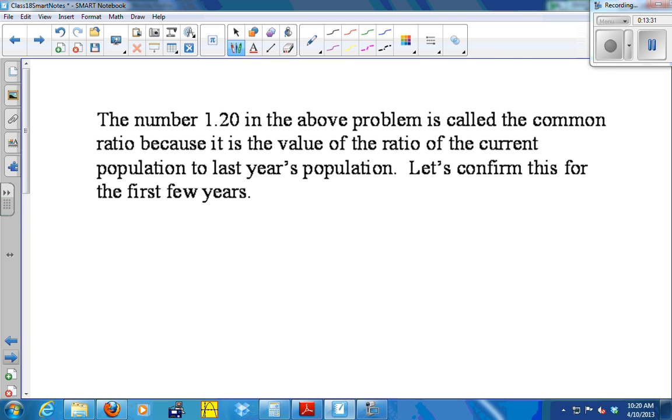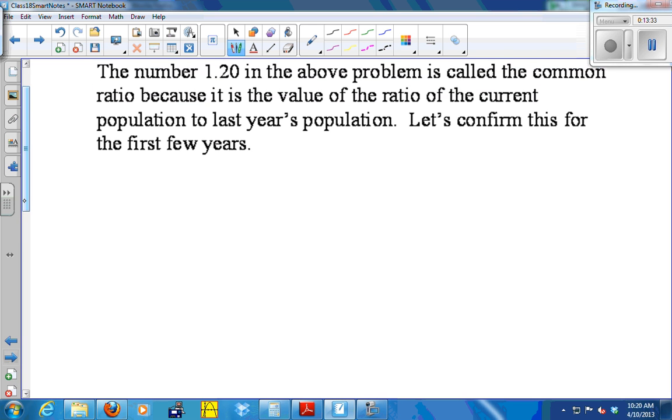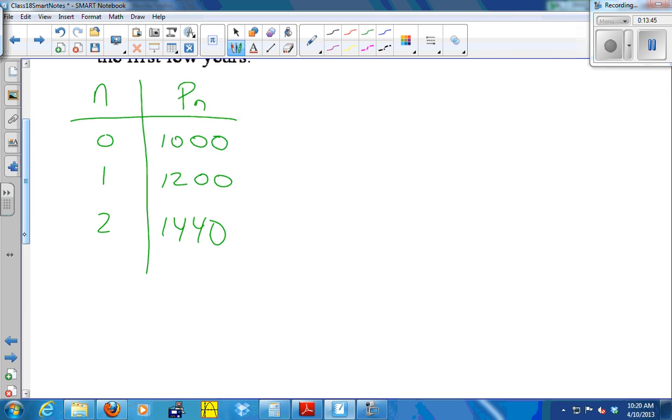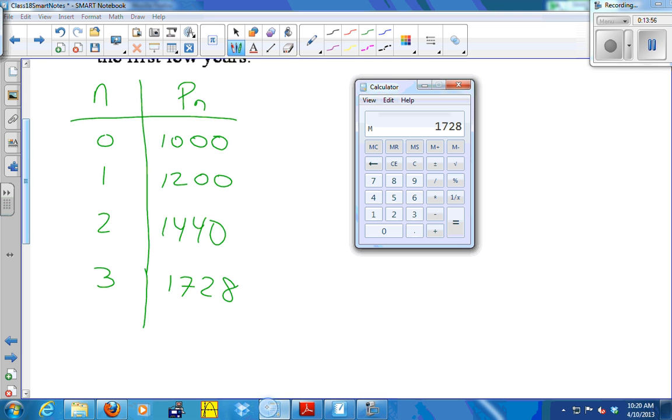So if I take any two populations, let's write down my table again. So I have 0, 1,000, 1, 1,200, 2, 1,440, 3, 1,728. If you take any two successive population sizes and divide the bigger by the smaller, we're always going to get 1.2.